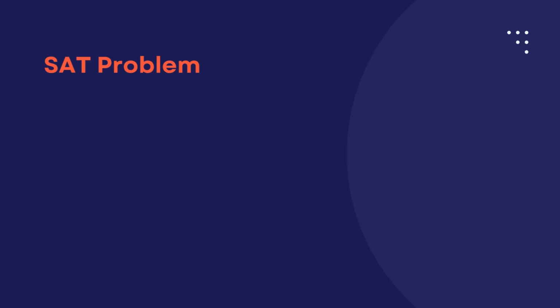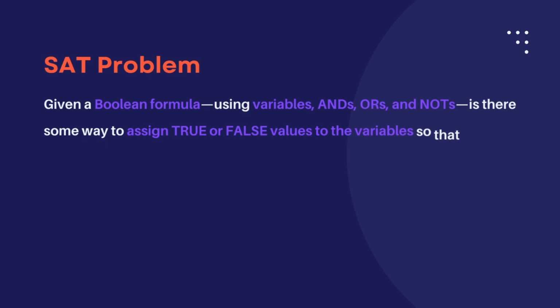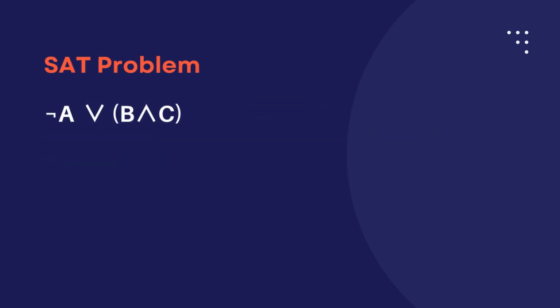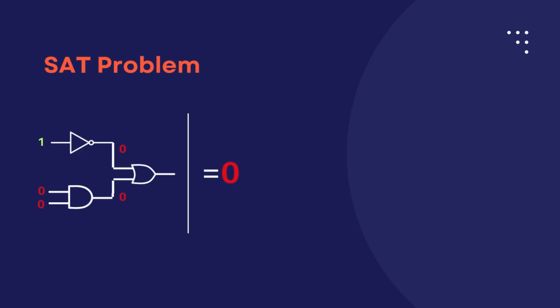SAT asks a very specific question. Given a Boolean formula using variables, ANDs, ORs, and NOTs, is there some way to assign true or false values to the variables so that the entire formula evaluates to true? In simpler terms, we're trying to figure out if the formula can be made true by choosing the right combination of truth values for its variables.